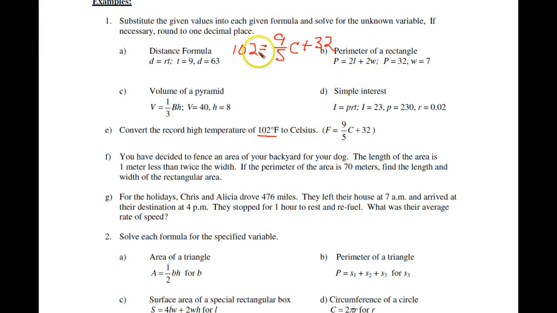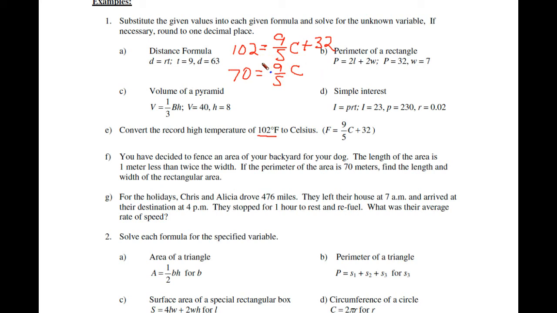So now we're going to subtract 32 from both sides. Minus 32, minus 32 gives us 70 equals 9/5 C. And if we wanted to get C by itself, again, from earlier sections, we're going to multiply it by its reciprocal.